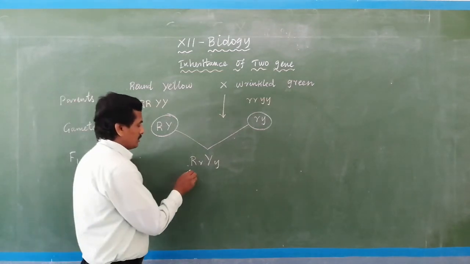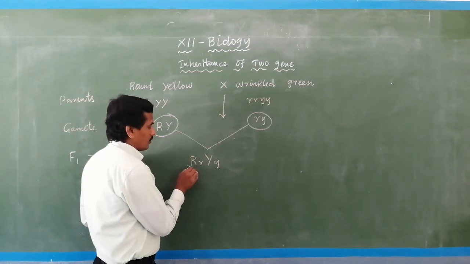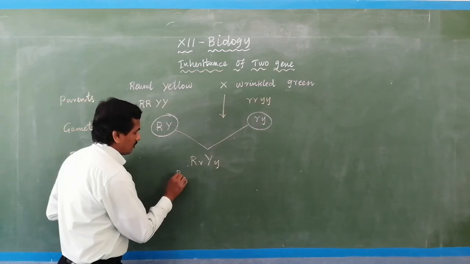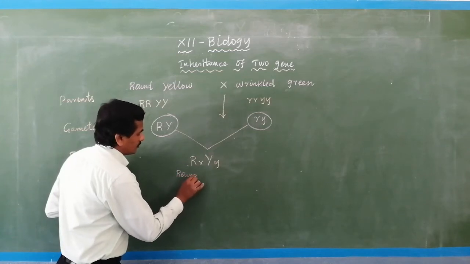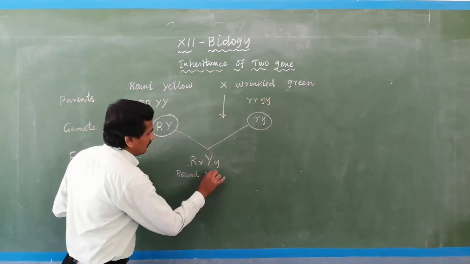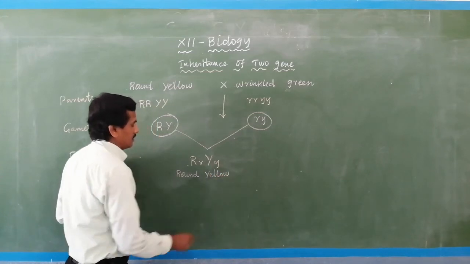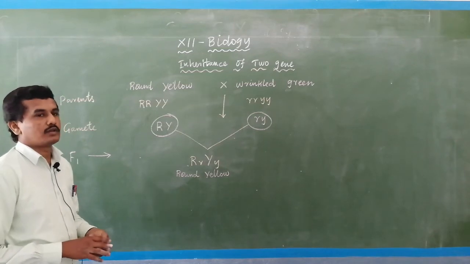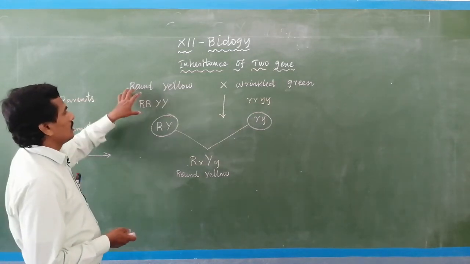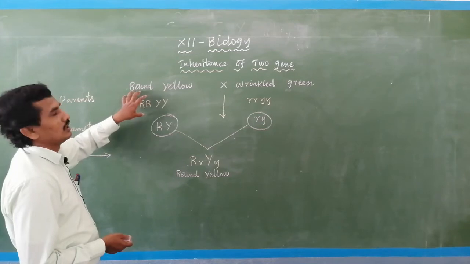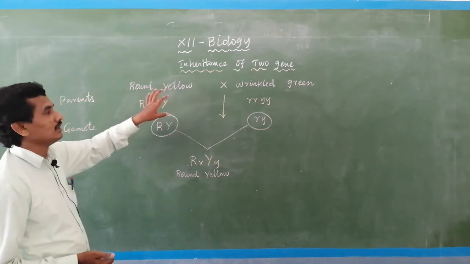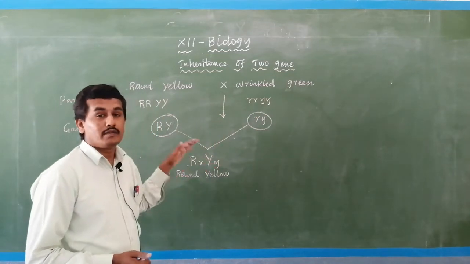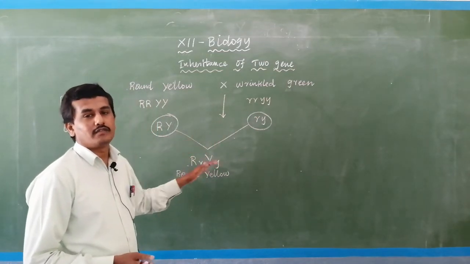In F1, normally this plant is a round plant, round seeded with yellow cotyledon. This is the phenotype of the F1 generation. In a 2 mark question, maybe: work out a cross between a round seeded and yellow cotyledon plant with a wrinkled seeded and green cotyledon plant and show the phenotypic character of F1.